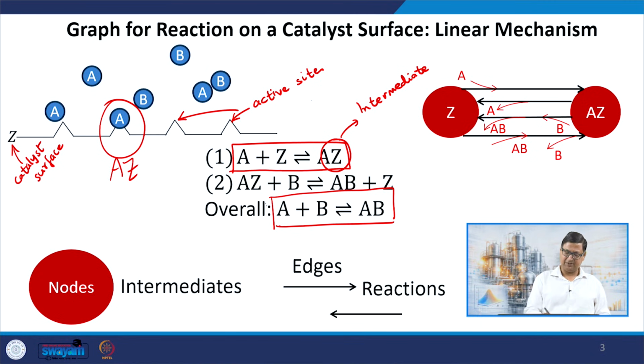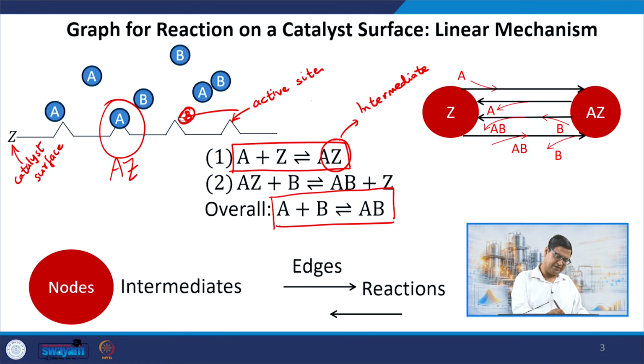So, AZ plus B will give me A and B together on a catalyst site, that is AB plus Z, but then AB will leave and become a gas, right? So, what it is essentially saying is that AB is not remaining adsorbed. As soon as AB is formed, it goes up.